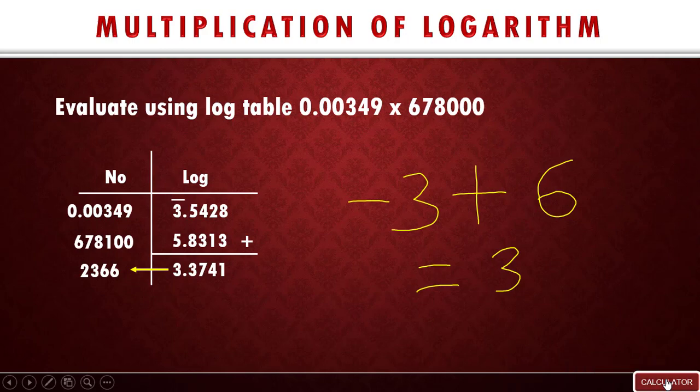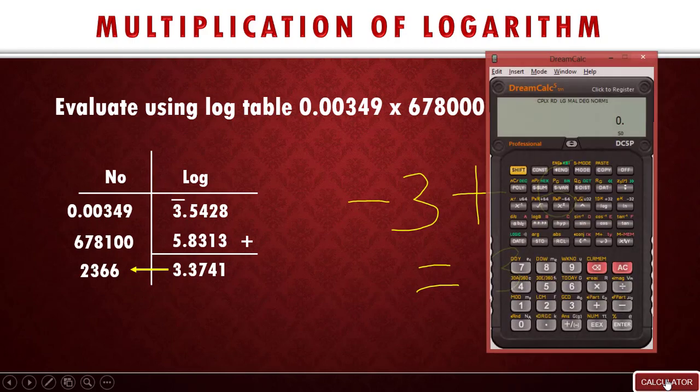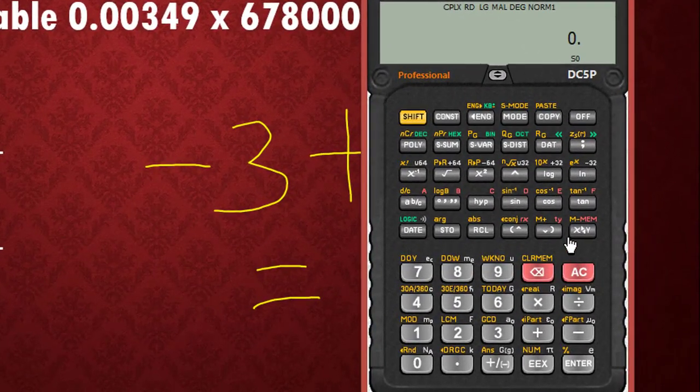So fire on your calculator. Then shift log 3.3741, press equals to or enter. You can see right there that we have 2366.